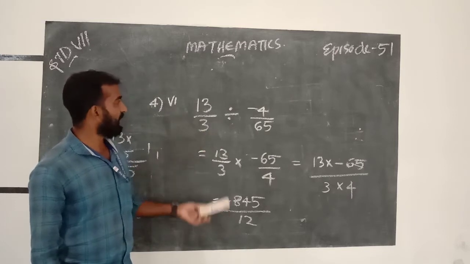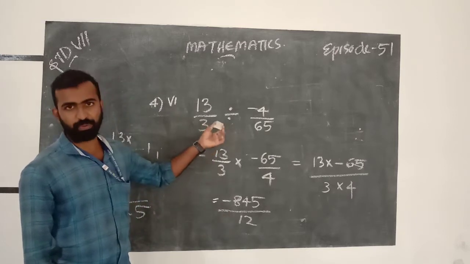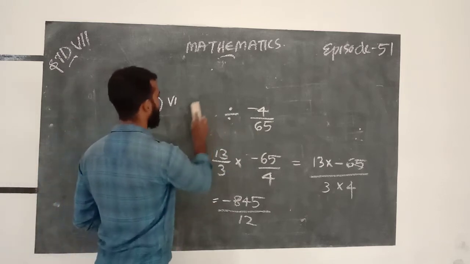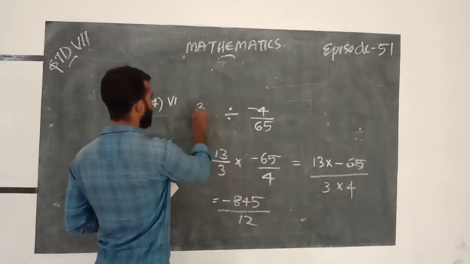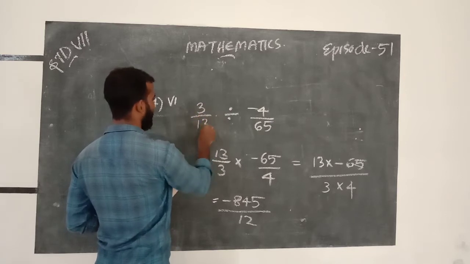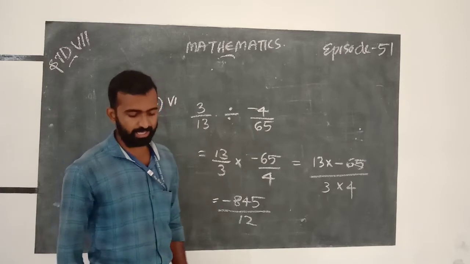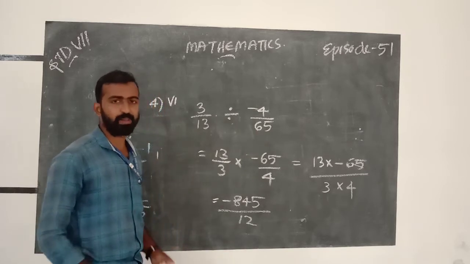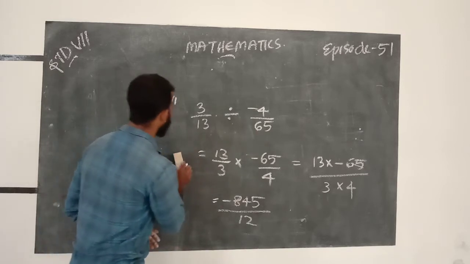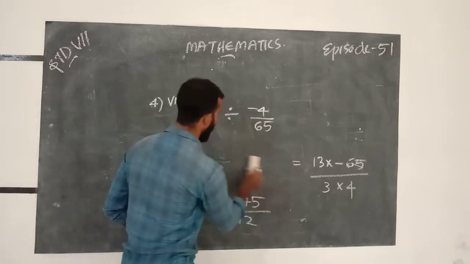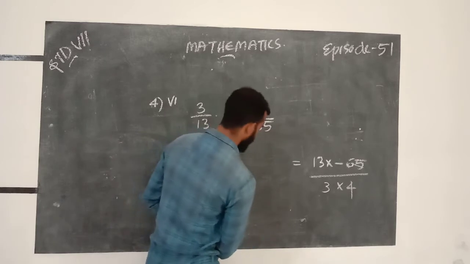This answer depends on this question. What is our seventh question? The seventh question is 3 by 13. Then here the step is changing.